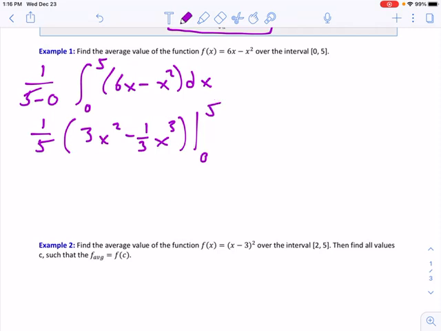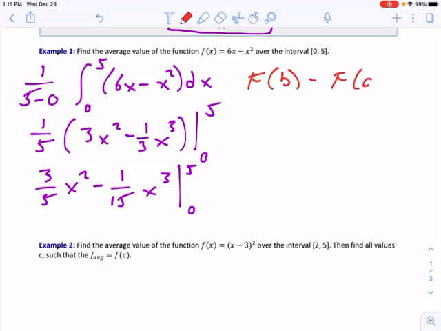I'm now going to multiply through the 1/5. So we have 3/5 x squared minus 1/15 x cubed, evaluated from 0 to 5. So we want to find the antiderivative at b minus the antiderivative at a, which is going to be f of 5, the antiderivative at 5, minus the antiderivative at 0.